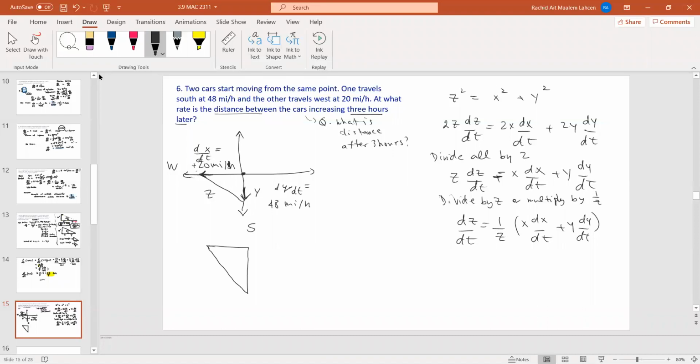So if I change back the sketch, the west one and the south one here, going this direction, dx/dt is going to be 20 miles per hour, and going this way, dy/dt is 48 miles per hour.